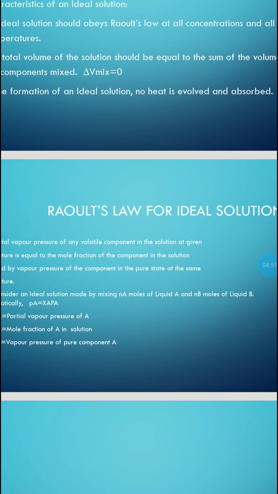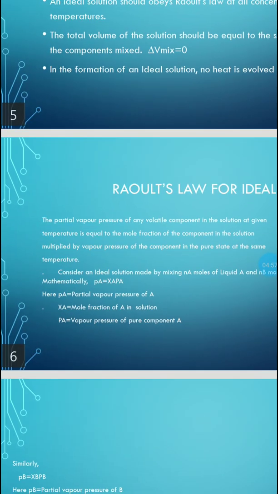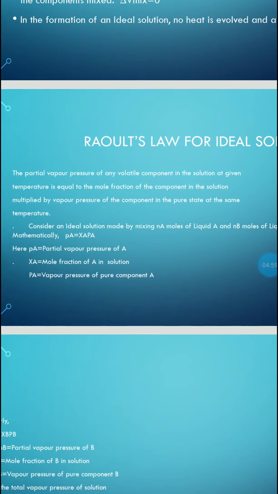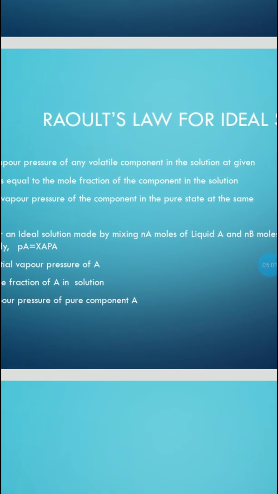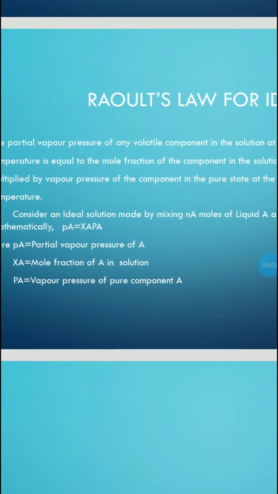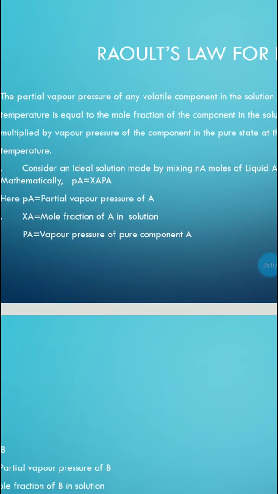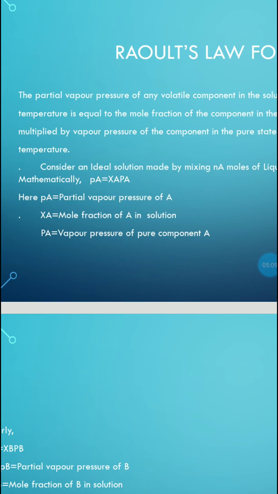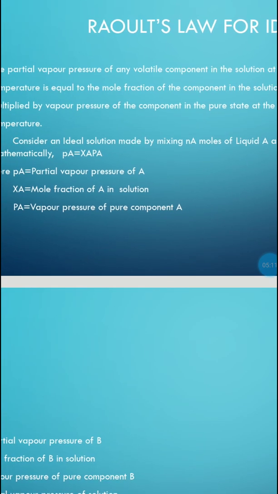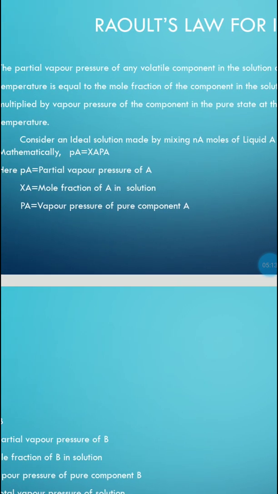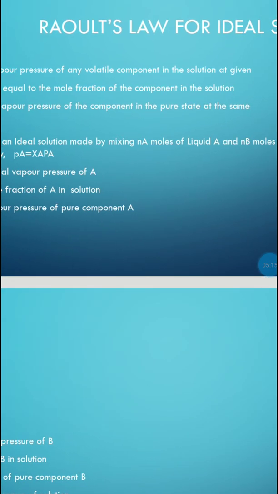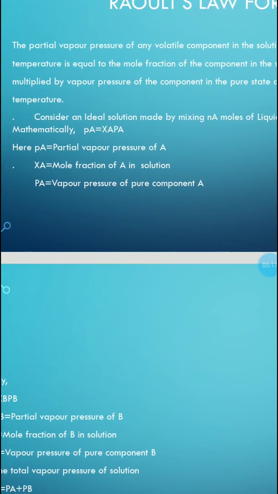And then what is Raoult's law? There are so many definitions of Raoult's law, but here: the partial vapor pressure of any volatile component in the solution at a given temperature is equal to the mole fraction of the component in the solution multiplied by the vapor pressure of the component in the pure state at the same temperature.